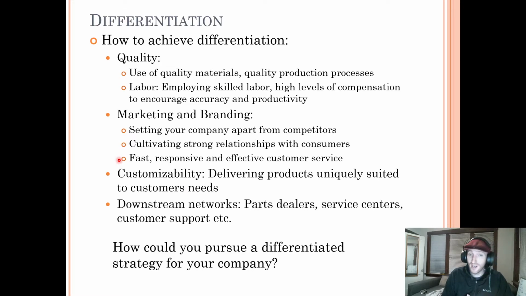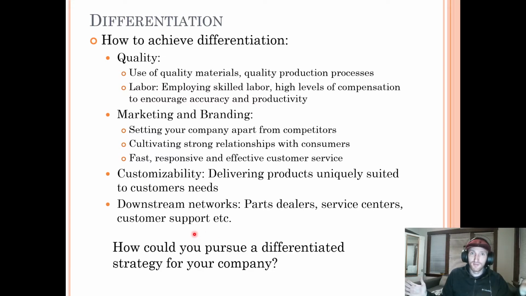Other ways might be customizability. Okay? I can deliver a product that is uniquely suited to your particular need. Or maybe I employ good downstream networks. Maybe I have a wide variety of parts that are available. Customer service centers. I provide good customer support after the fact. All right.